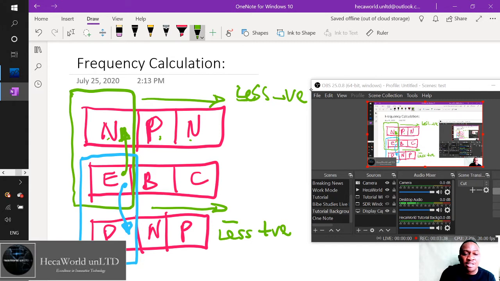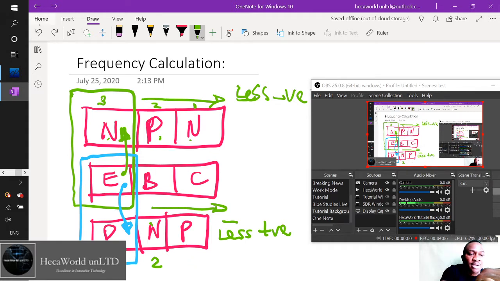So let's put a value. Let's say this is 3. In terms of being negative, the emitter is 3, the base is 2, and the collector is 1. So also here, if 3 is more positive, then here will be 2 and here will be 1.